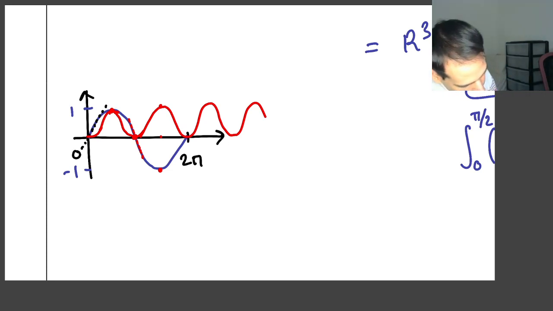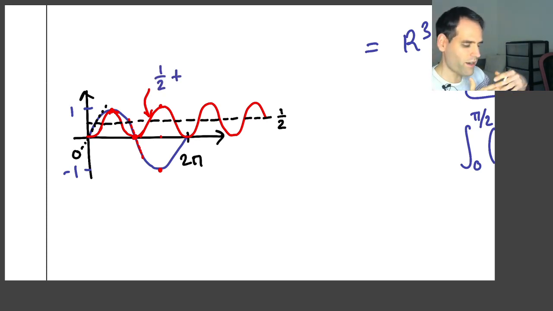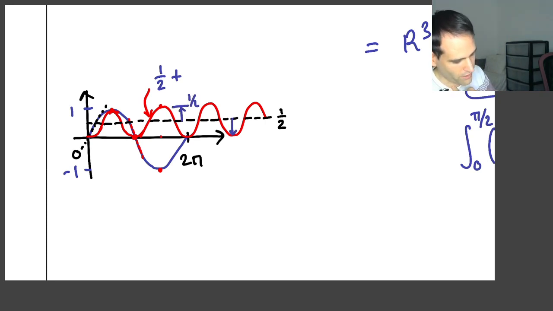Then it's very easy for me to write the equation for this thing that I always picture in my head. It has to start at 0 and go to 1. The average of this function is around 1/2, so this line is 1/2. So this function is 1/2 plus either a cosine or a sine of amplitude 1/2, because it goes up by 1/2 and down by 1/2.